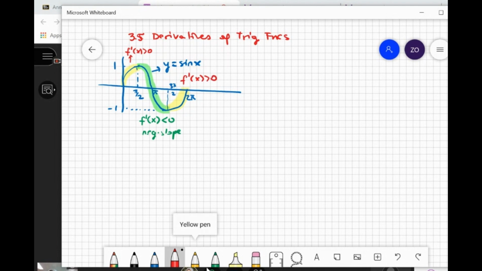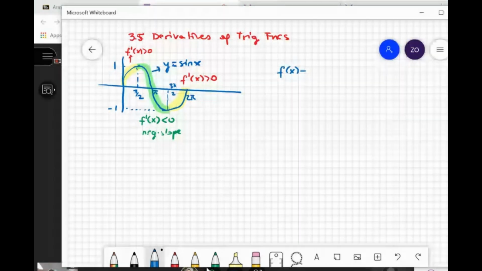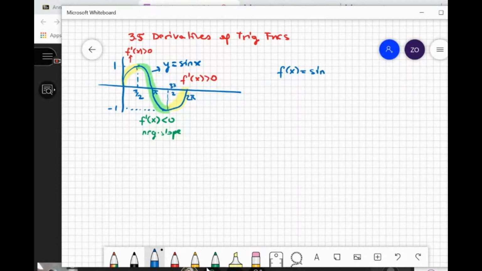So if we call this function f of x, then we want to find a formula for the derivative function. We expect from the graph it should be positive here, negative, and positive again.